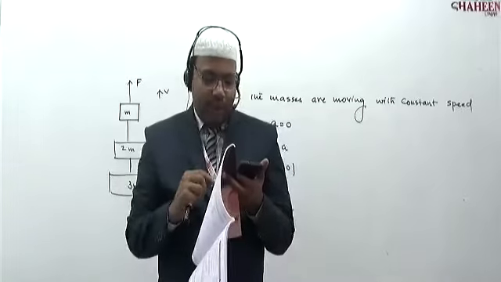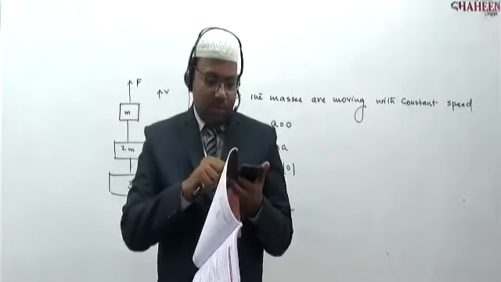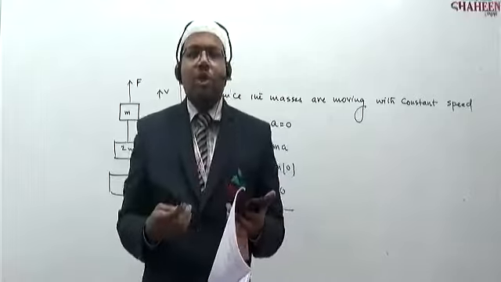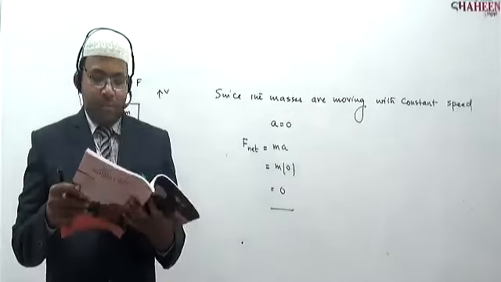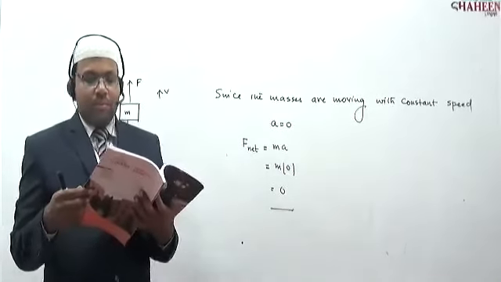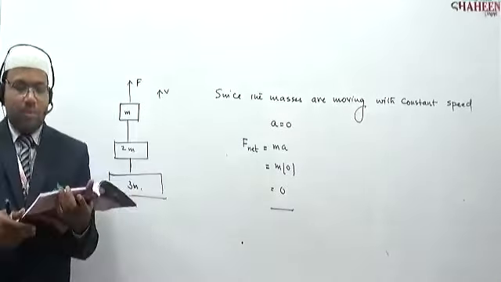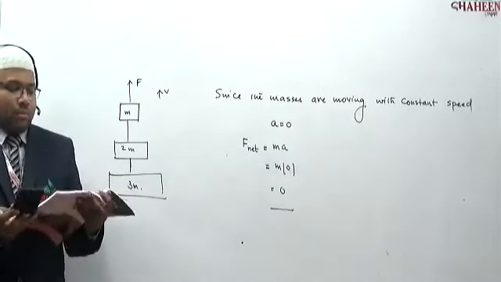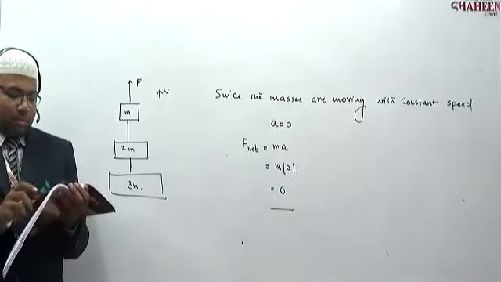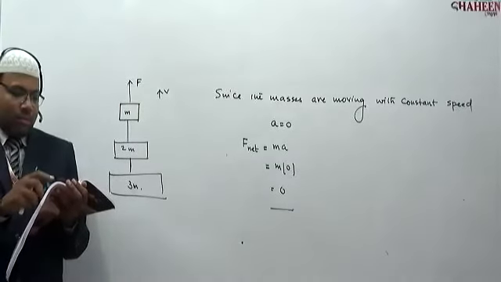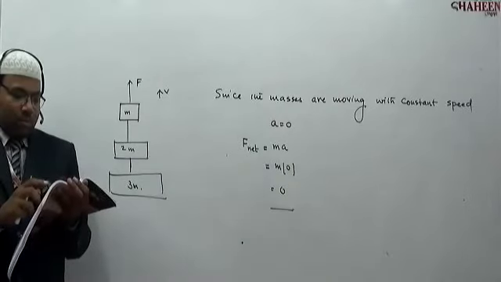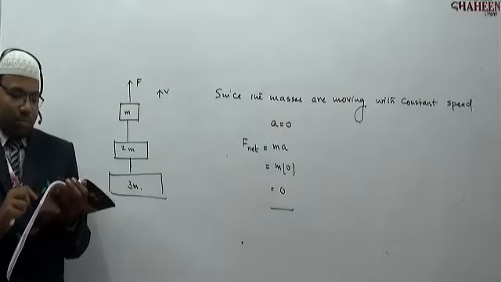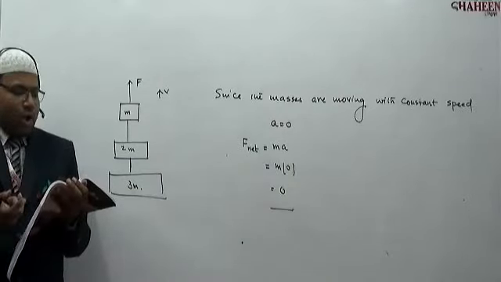You take the g value as 10. g value you take it as 10. Okay, you can take 9.8 beta. You can take 9.8 or you can take 10.